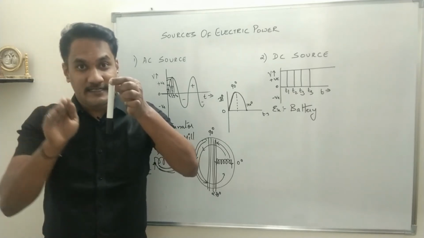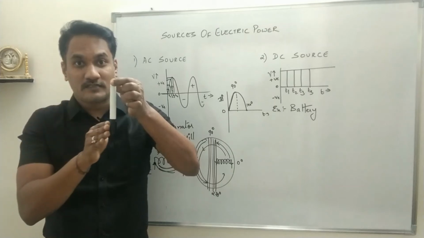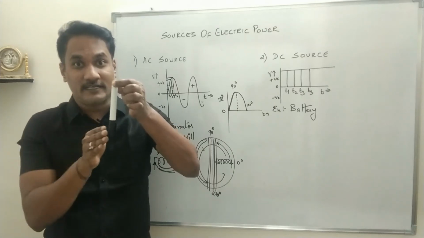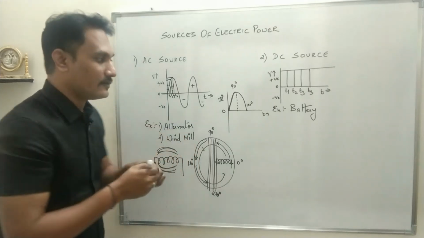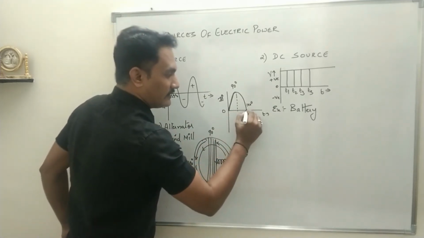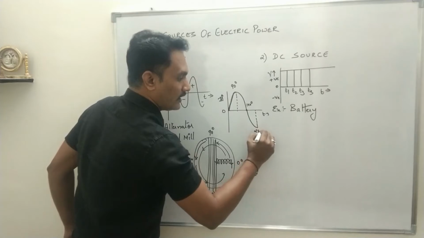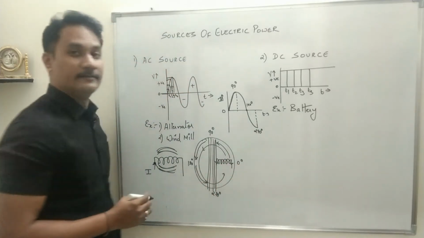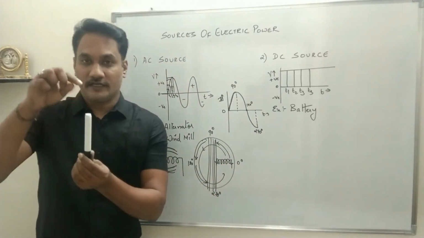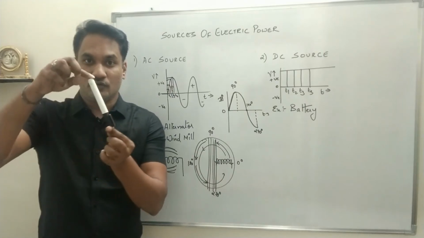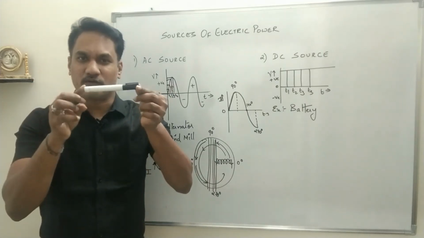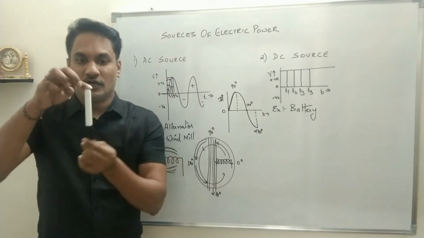So it is increasing as it is moving towards the magnetic line of forces. The current will increase, but in the negative direction. And it will reach its maximum in negative direction at the point 270 degree. And of course, when it is moving from 270 to 360, it will come back to its initial condition, that is 0 degree.